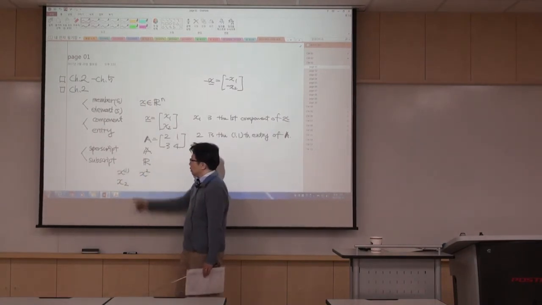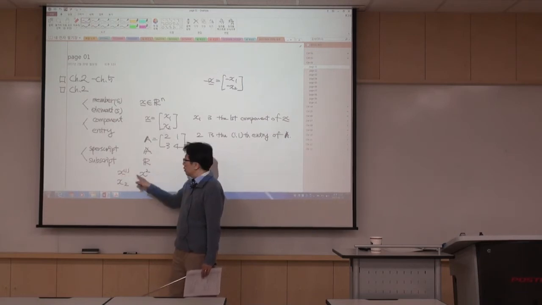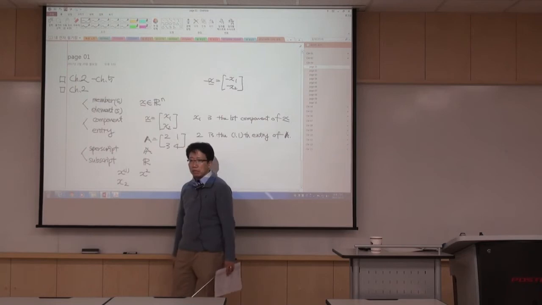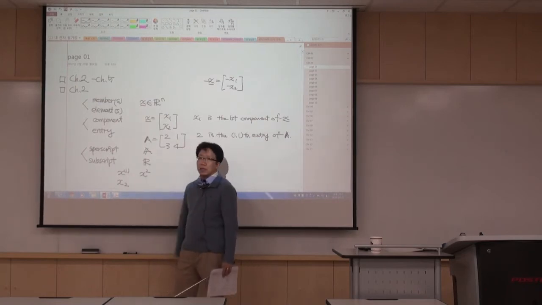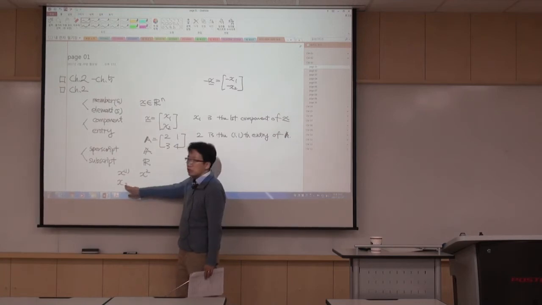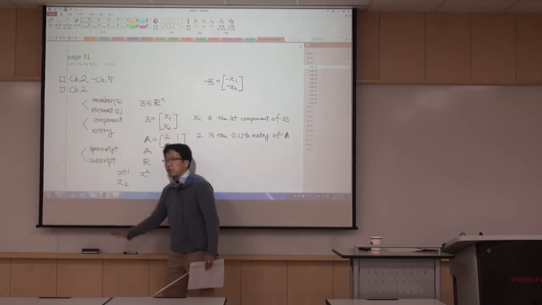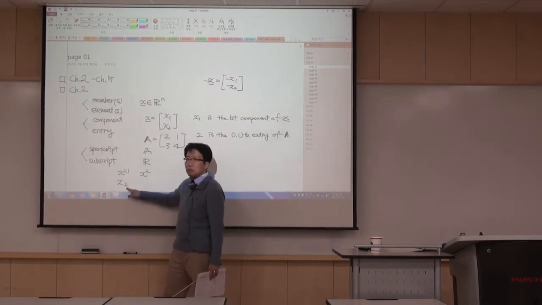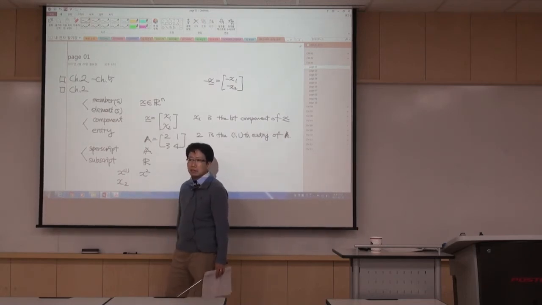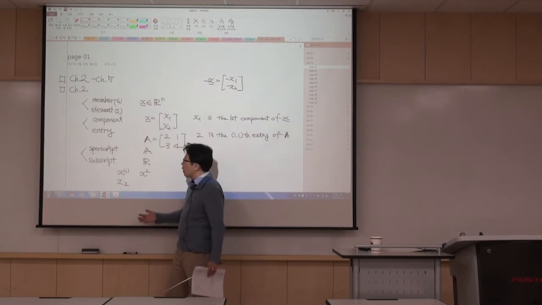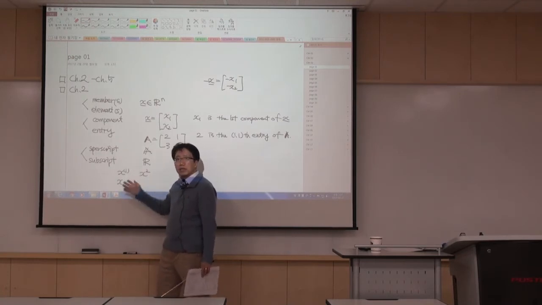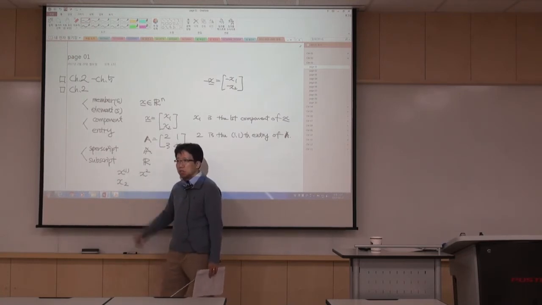So in order to distinguish the power from some indexing, we usually use parentheses. But for the subscript, sub means low, right? Below. For subscripts, we usually do not use parentheses unless it is really necessary. Because the most important thing in notation is simplicity.